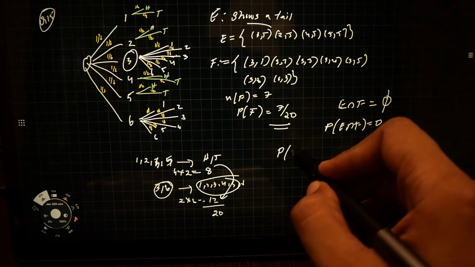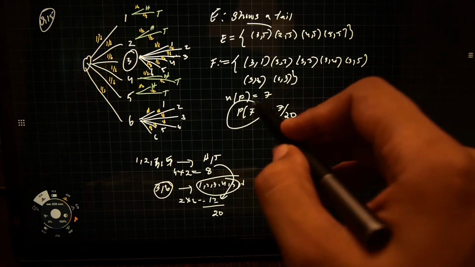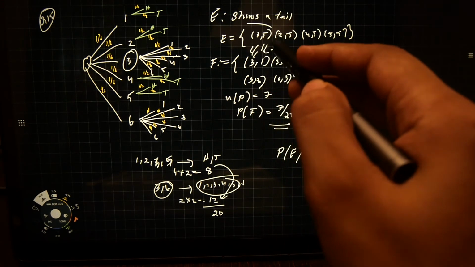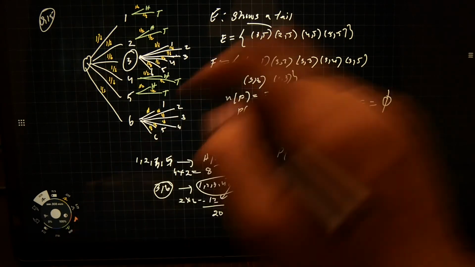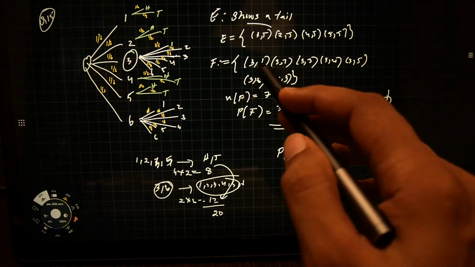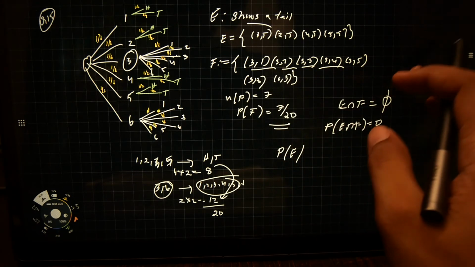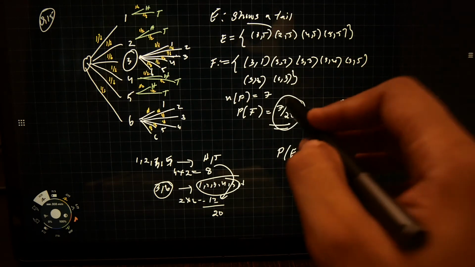So I think the answer has become so much easier. Why did I take P of F as 7 by 20 instead of doing 1 by 2, 1 by 2 plus 1 by 2, 1 by 2? I could directly do it because all these have equally likely probability. All events are equally likely, so I can directly take 7 by 20.